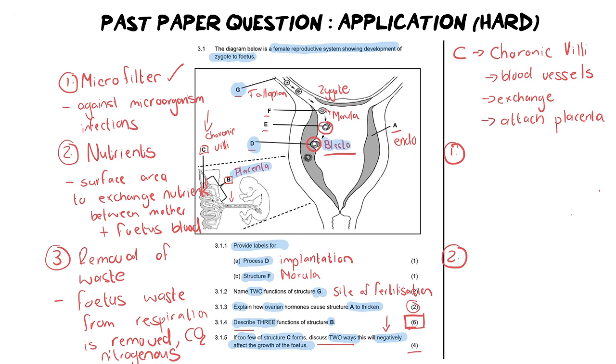It's a skill, a very specific skill that a lot of matrics struggle to develop, is answering in the negative when it's required. So looking at my list of what chorionic villi do, the fact that chorionic villi are blood vessels, and I'm going to group these 2 together, therefore they are there for exchanging nutrients, right?